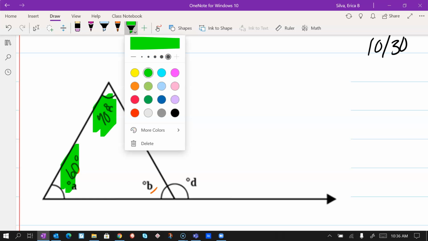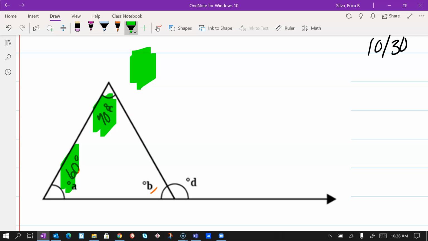What do we got? 60 plus 70 is 130. Oh, 130, right? Yes, 130 degrees. So if we subtract that from 180, because the triangle is 180, we get 50 degrees. So that means my B is equal to 50 degrees.